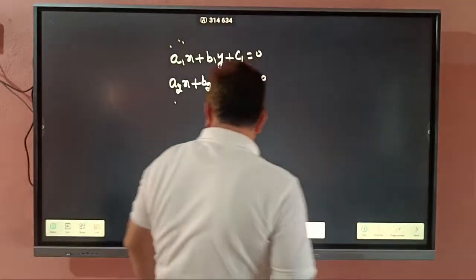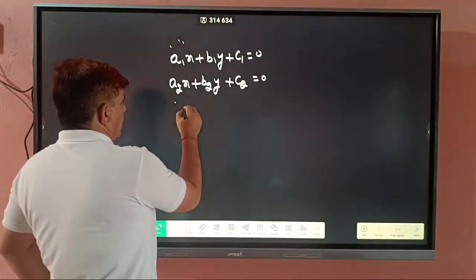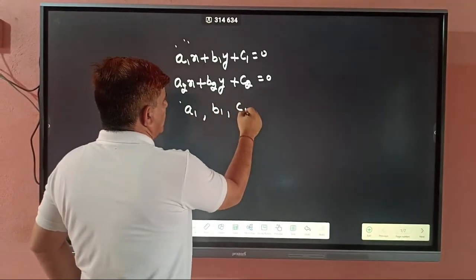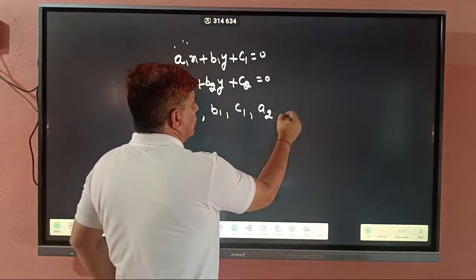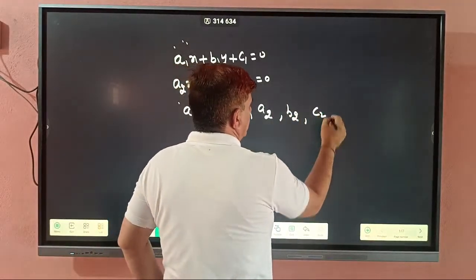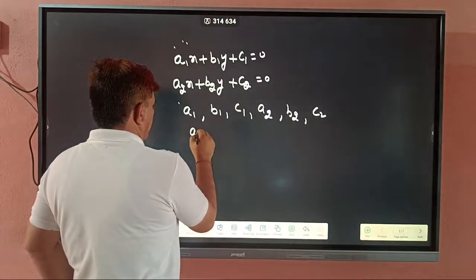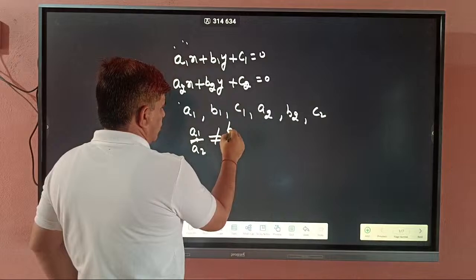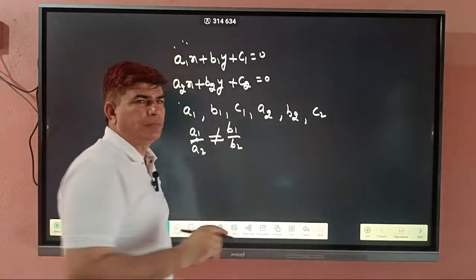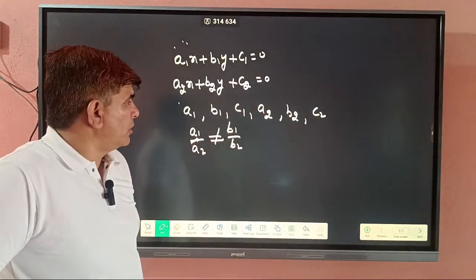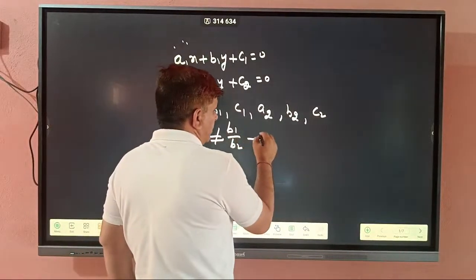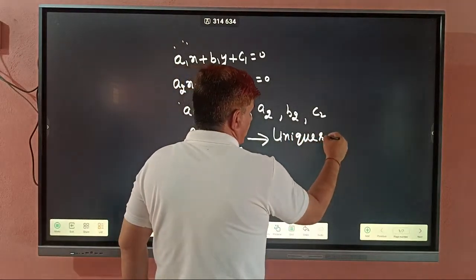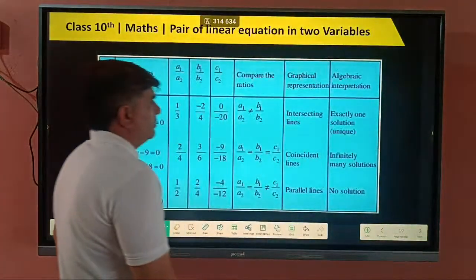We have the values a1, b1, c1, a2, b2, c2. The first condition is a1 by a2 not equal to b1 by b2. In that case, we get a unique solution. One solution.